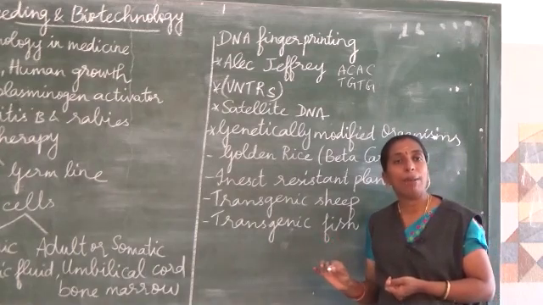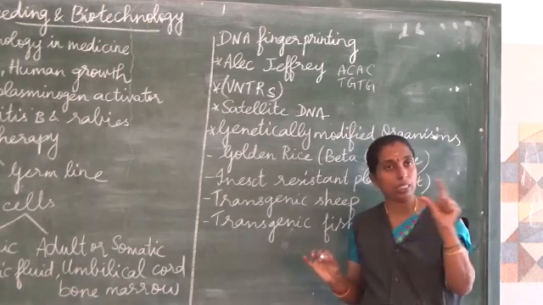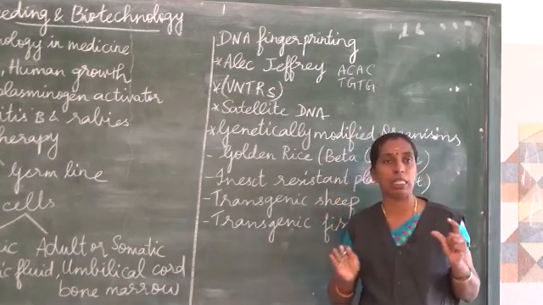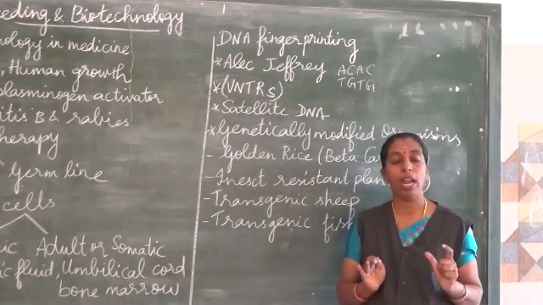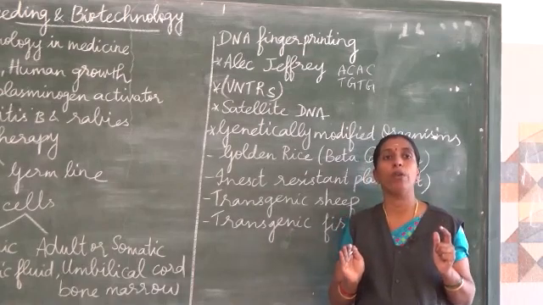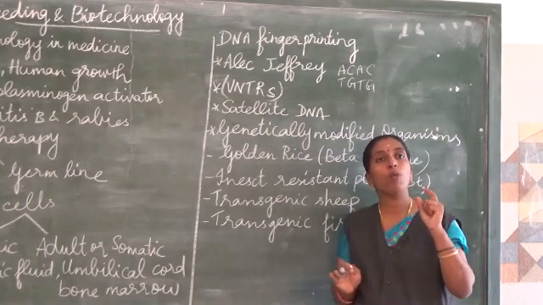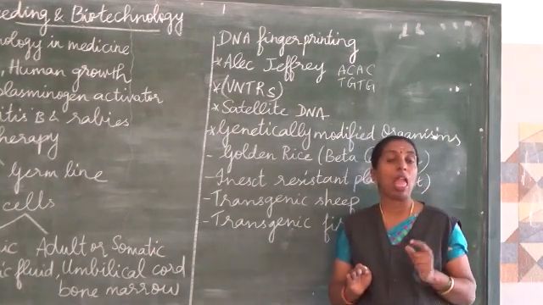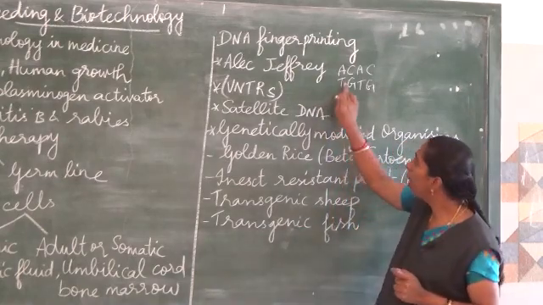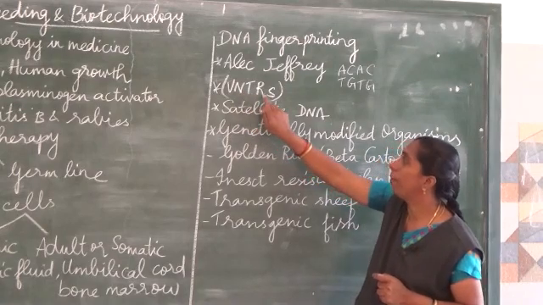Mostly 99% of the DNA sequence will be the same. In humans, nearly some billions of base pairs are there in the DNA, and 99% of the DNA will be similar for all, except only 1% of DNA. That 1% of DNA will be repeated. That is called variable number of tandem repeats.